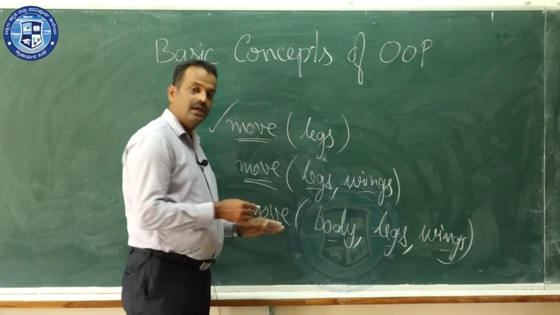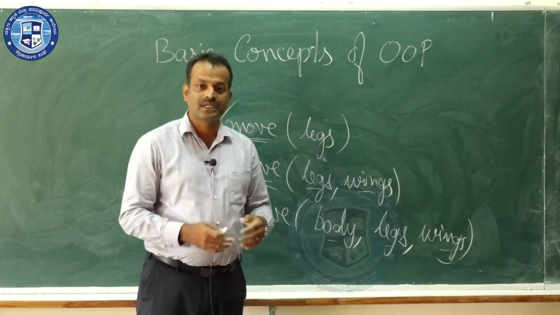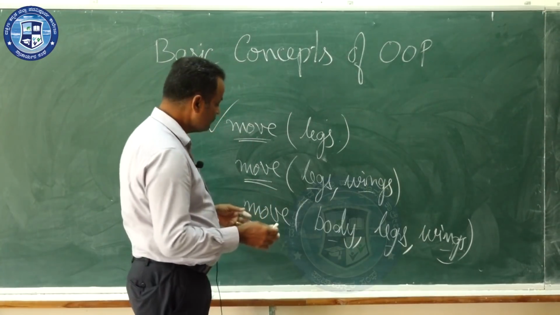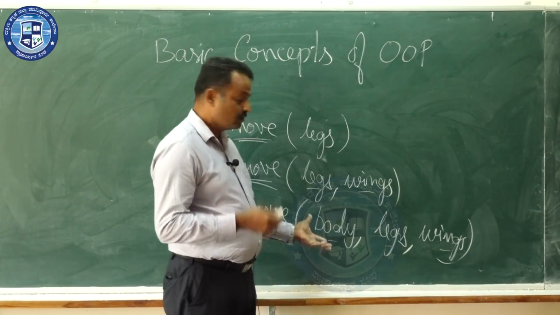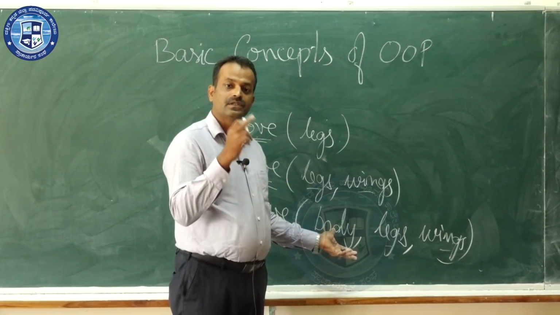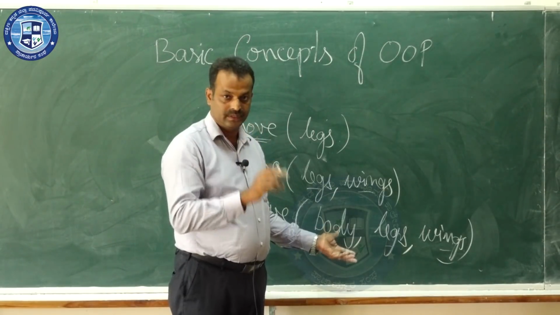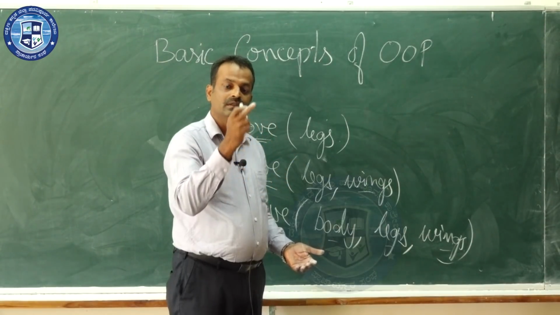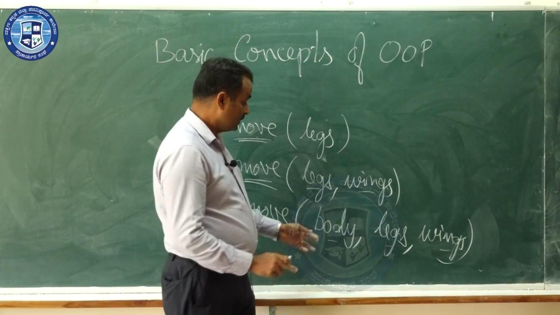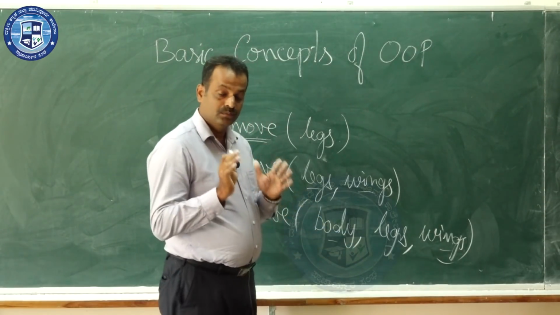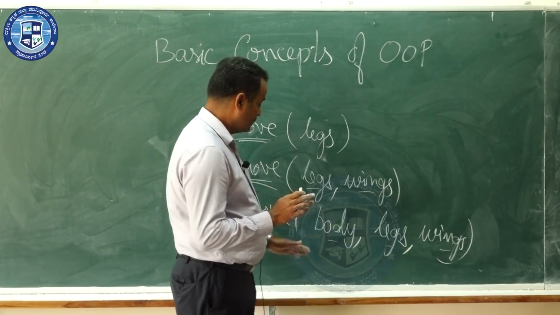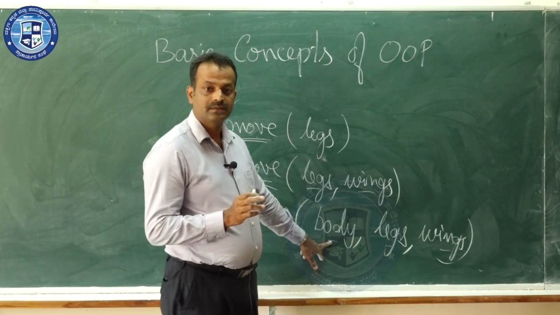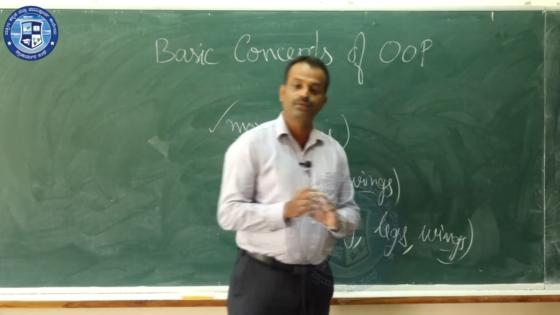Next I am going to call the move function on the third object, duck dot move. Duck is of the type animal, and the move function on duck is given three parameters: body, legs and wings.